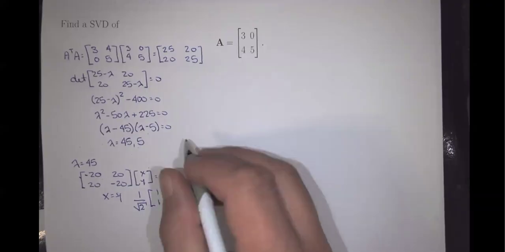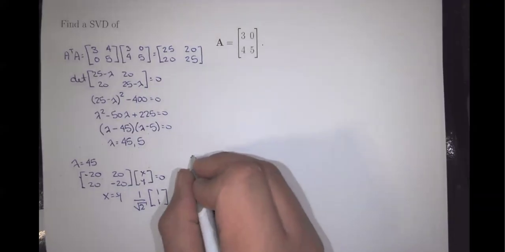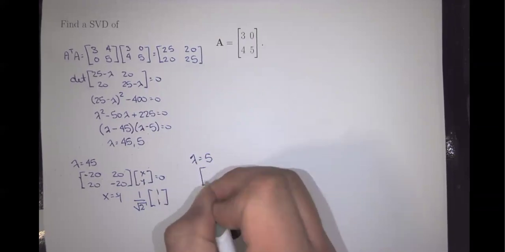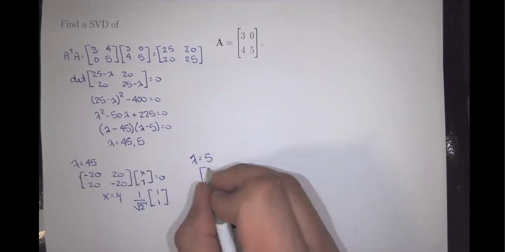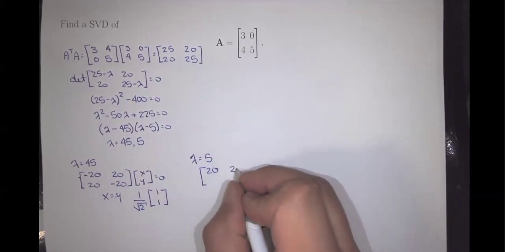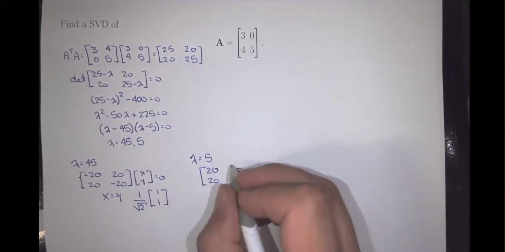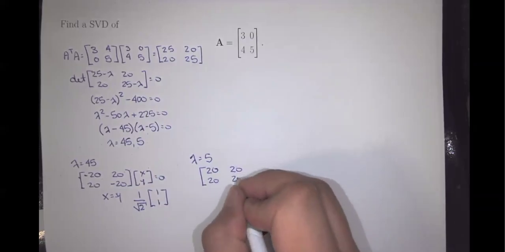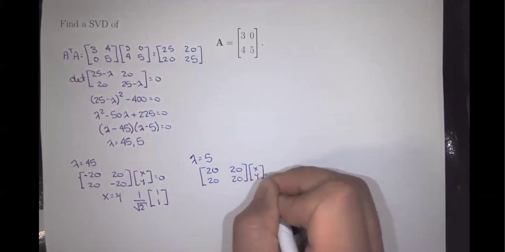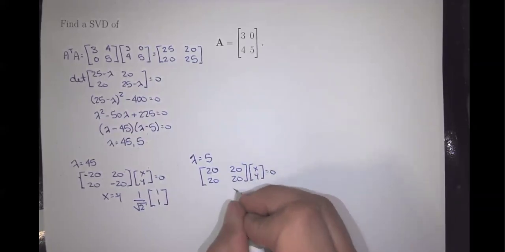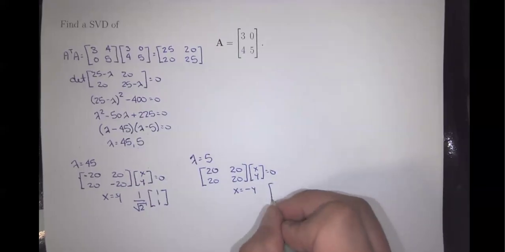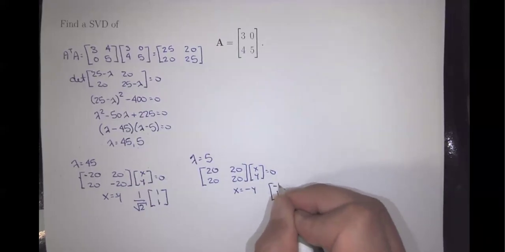Our second eigenvector comes from lambda equals 5. This gives us the matrix 25 minus 5 is 20, then 20, then 20, then 25 minus 5 is 20. So x plus y equals 0. So here x is equal to negative y. And our eigenvector here is 1 and negative 1.